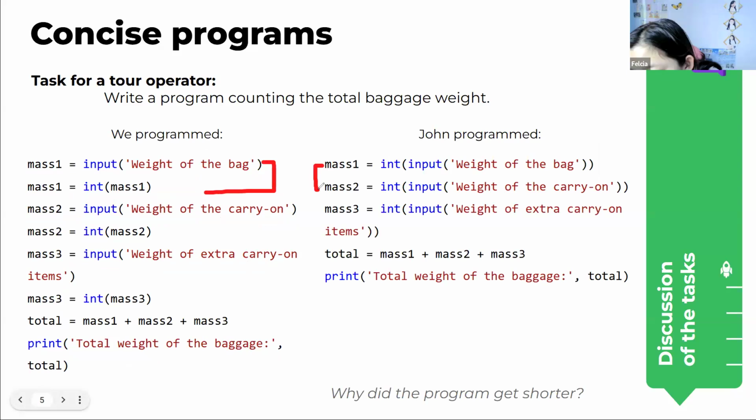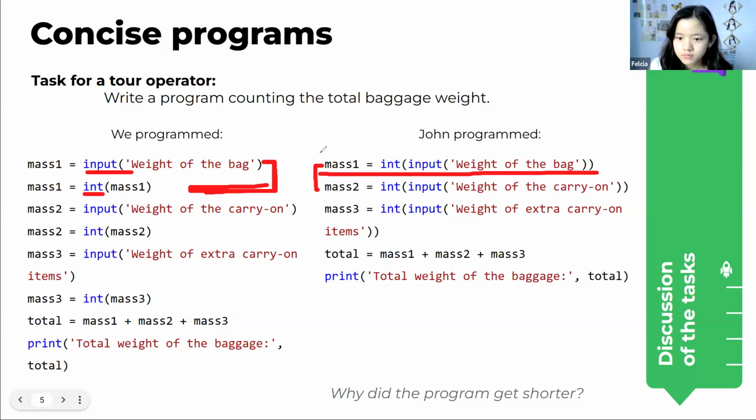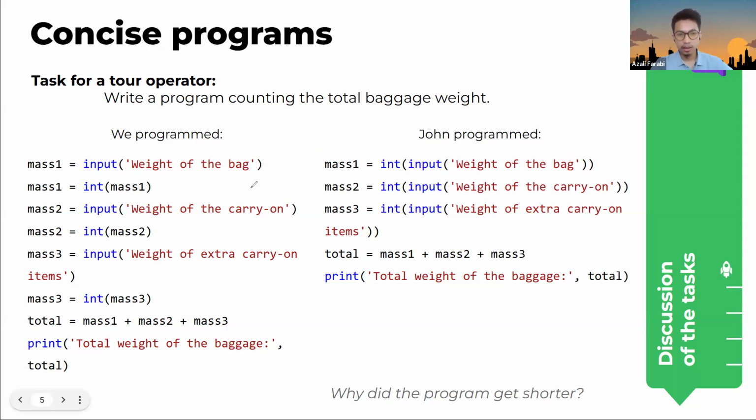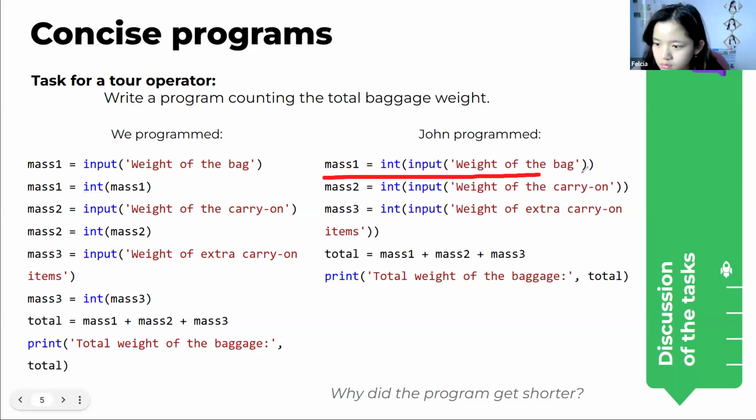But you know what? Technically, it's the same. I mean, there are no differences. You can do it like this if you prefer, and if you want to make your code shorter, you can do it with concise code like this. And based on the timing computation, this is more efficient.